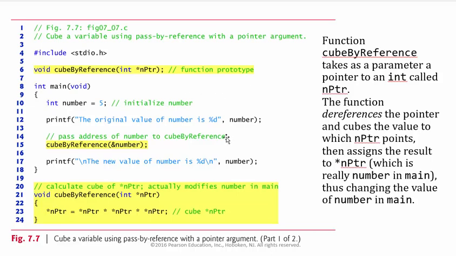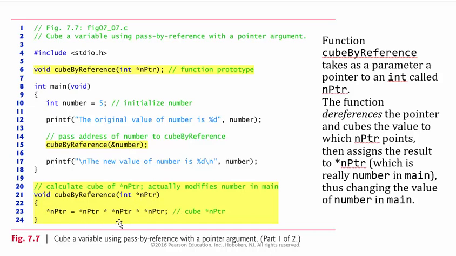So now let's look at my main caller program. I again declare number to be 5. I print the original value of the number. And then I don't reassign number. Instead, I say I'm going to cube the number by reference, and I'm going to pass in the address of number. So I pass in the address of number.